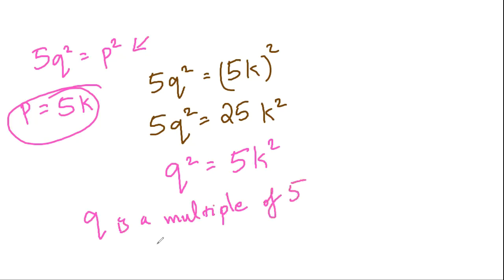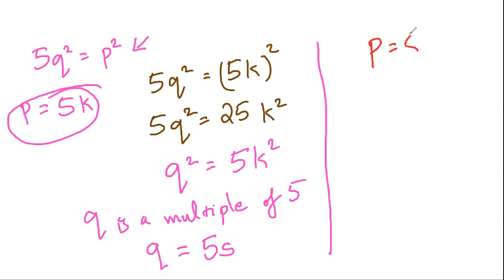So I can write q as 5s. Finally I got p is equal to 5k and q is equal to 5s, where k and s are suitable integers.